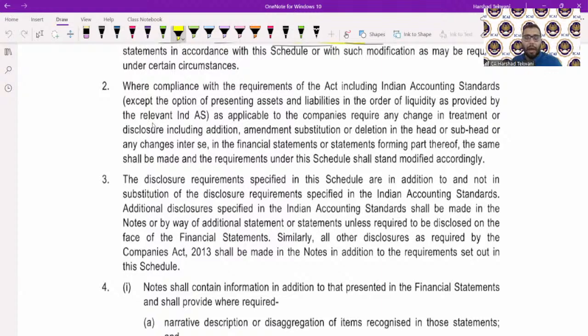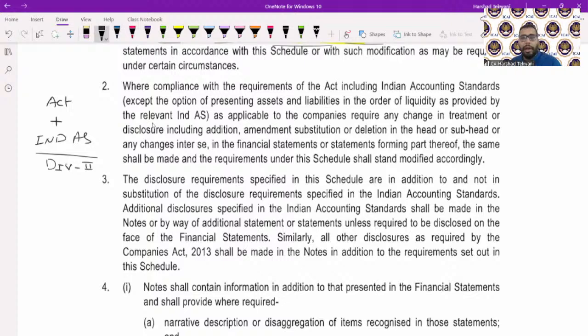So you can say you need to follow Act plus Ind AS for disclosure requirements, and then you need to see division 2. Now why?